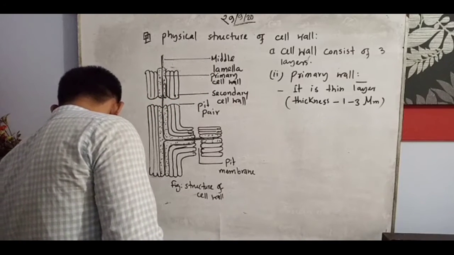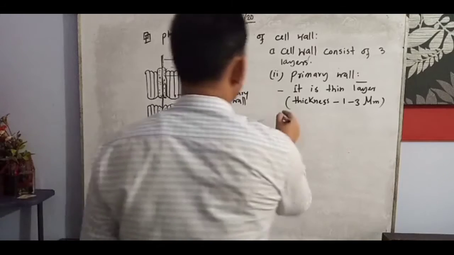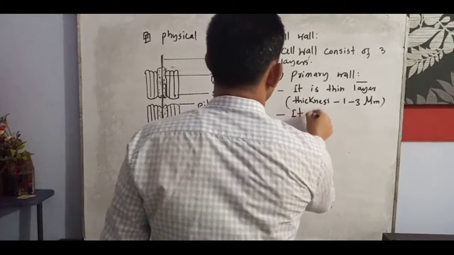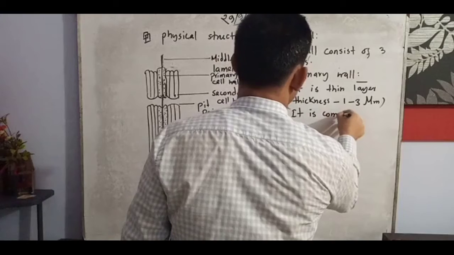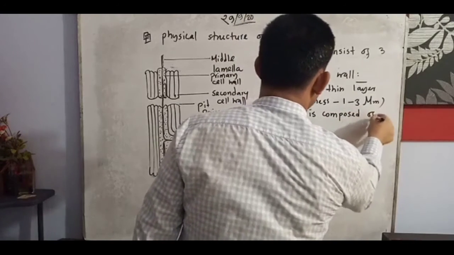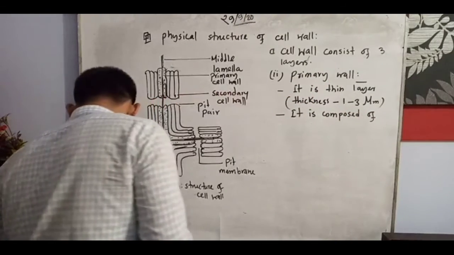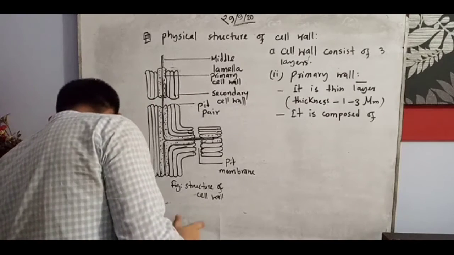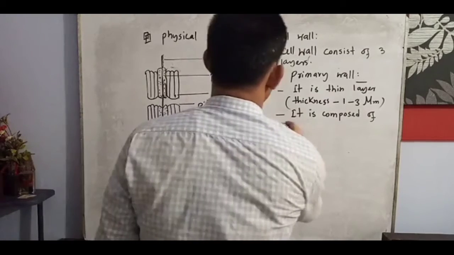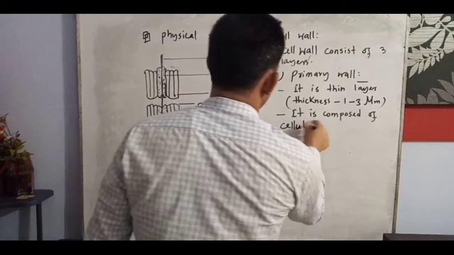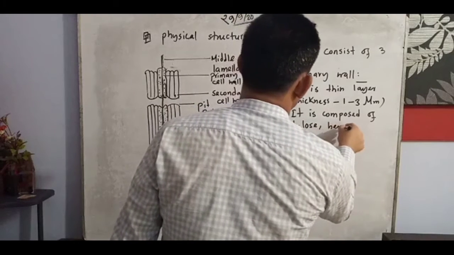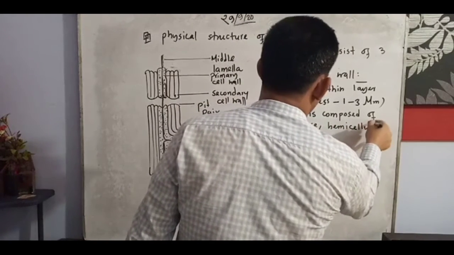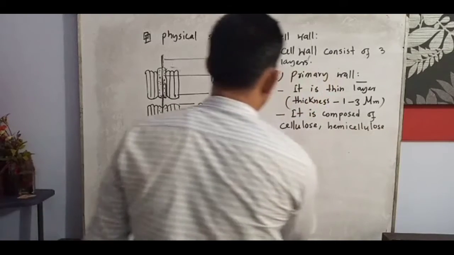So then it is composed of cellulose, hemicellulose and glycoprotein.